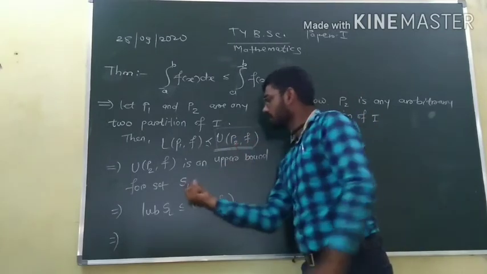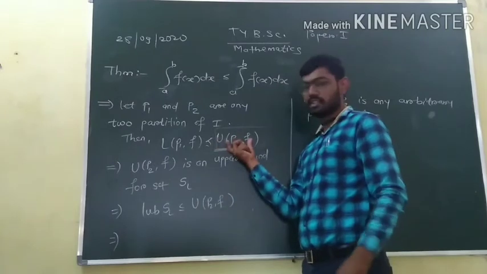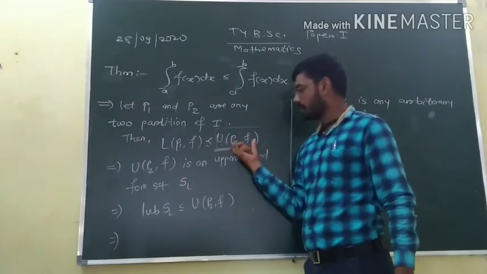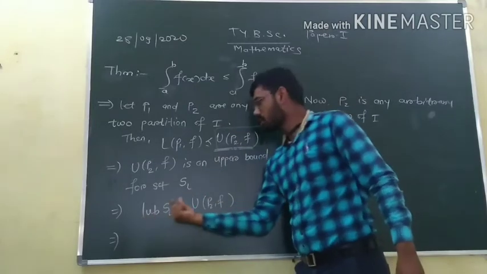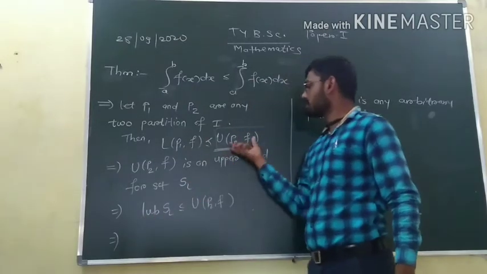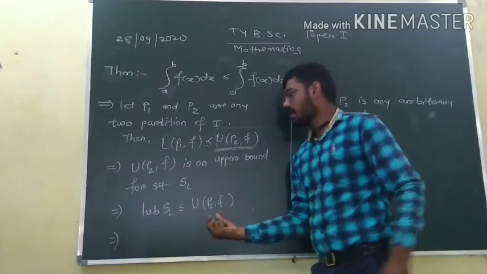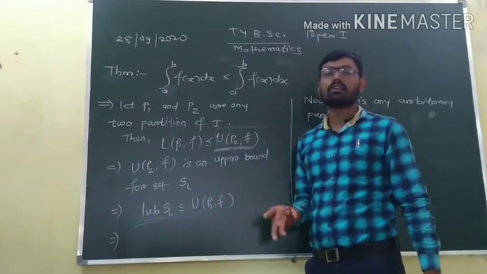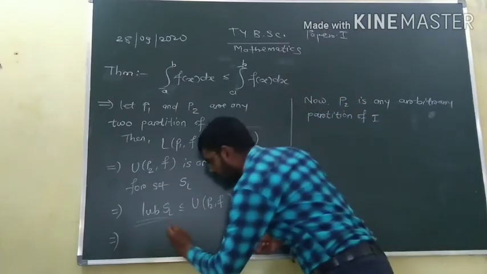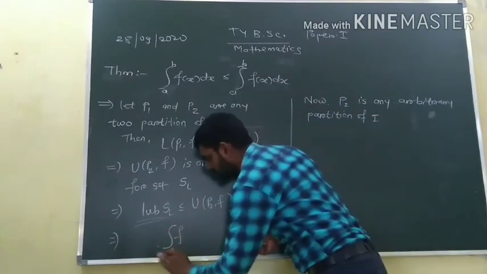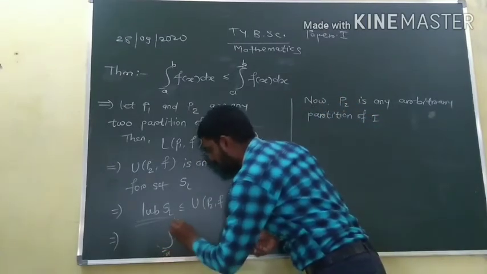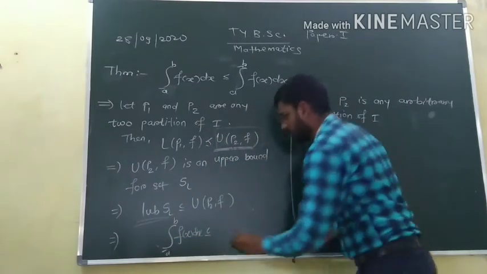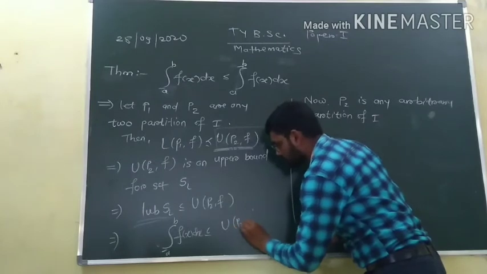So each term from the set SL is less than or equal to this, so the least upper bound of this set is also less than or equal to this. And what is the value of this least upper bound of SL? Nothing but the lower integral. So we write the lower integral of f from a to b is always less than or equal to U(P2, f).